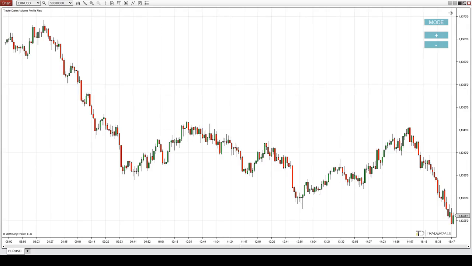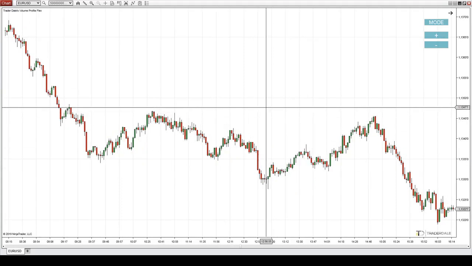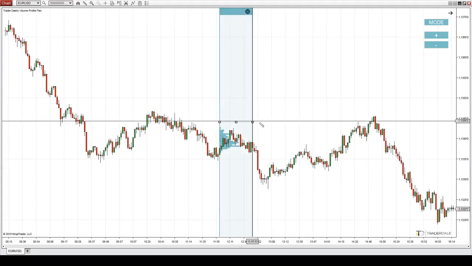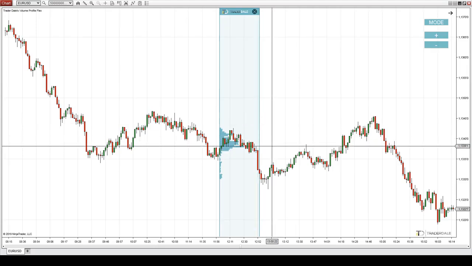Now another rotation which I see here is this rotation followed by this strong selling activity. In this case, the volumes are the heaviest in here. So you wait for a pullback. When the price hits the level, you enter a short.